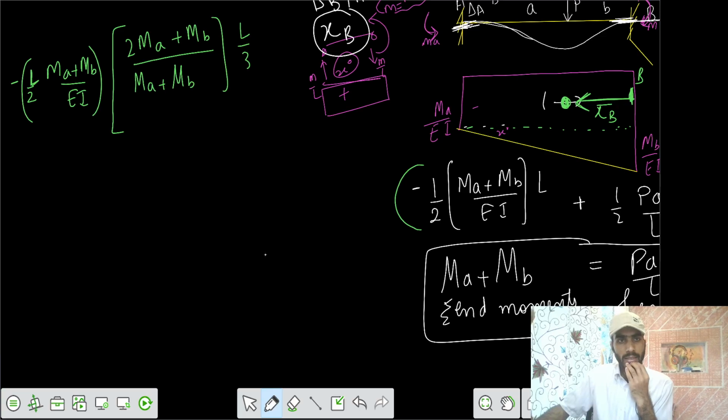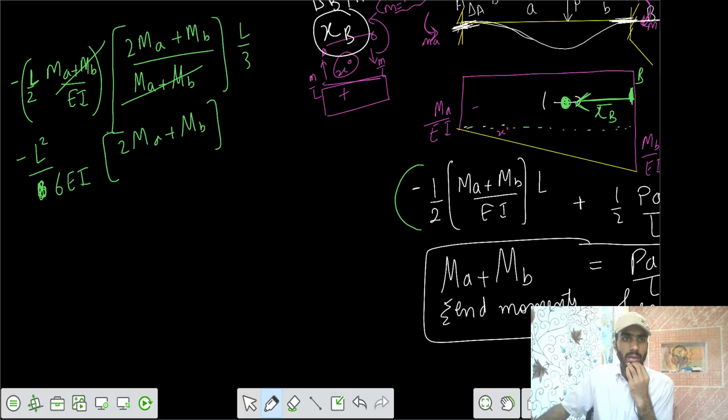This one and this one will get cancelled. So finally we can write it as minus L square by 6 EI, into 2 MA plus MB. We can write it in this fashion also.